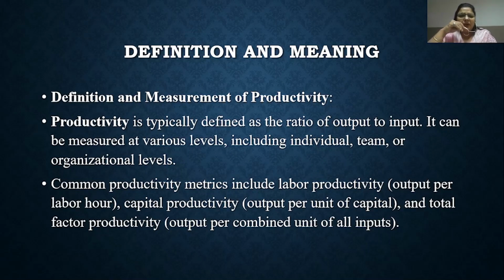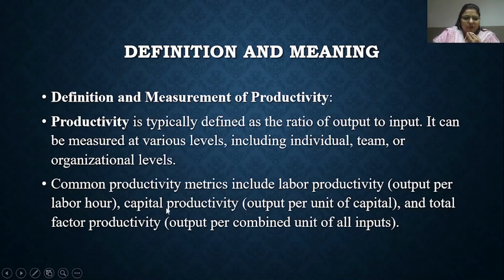The definition and meaning of productivity: productivity is typically defined as the ratio of output to input. It can be measured at various levels, including individual productivity, team productivity, or organizational levels.